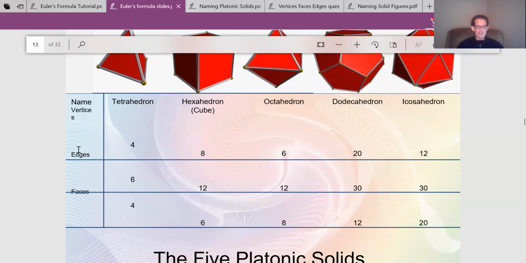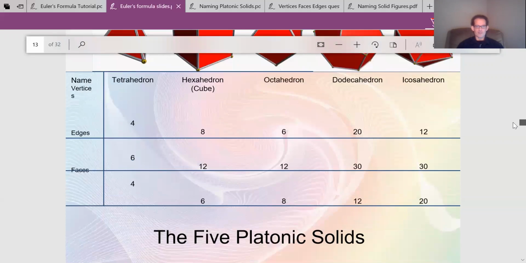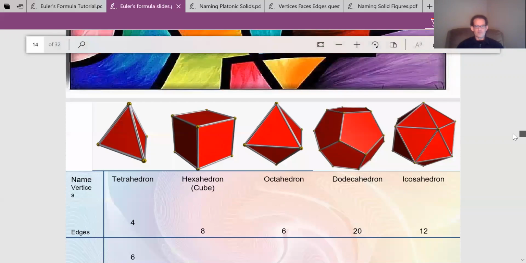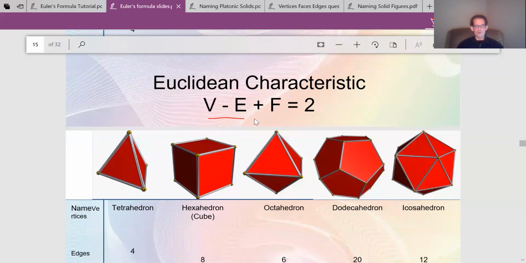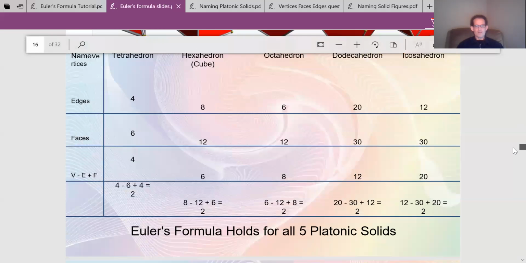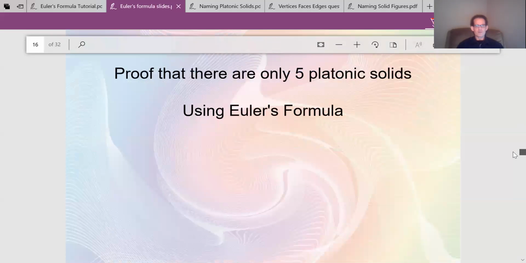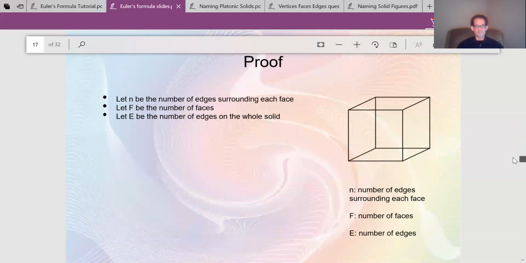So here are your edges, faces, and vertices that they're filling out in a graph here, with Euler's formula. That's just showing you there's proof that there are 5 platonic solids for the formula.